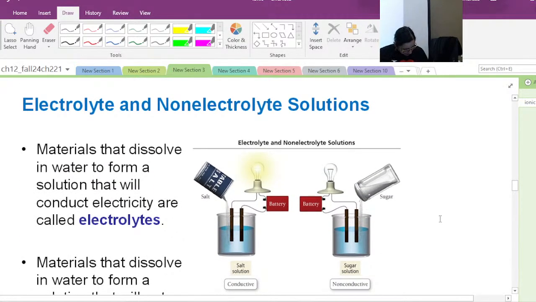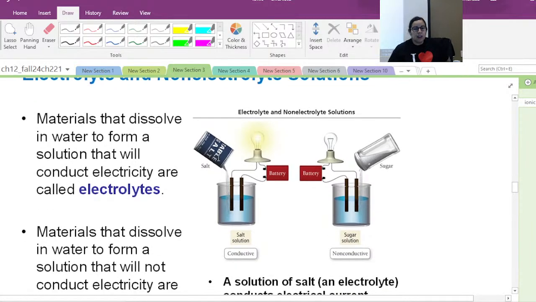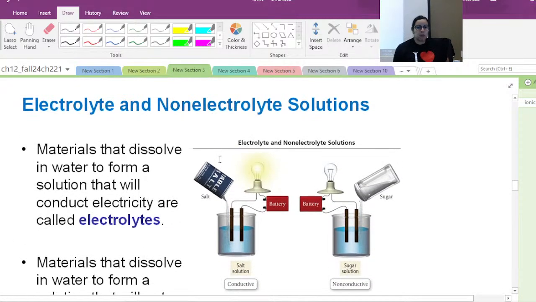And so now we're getting into why I dragged out half the chemistry lab, it feels like, to look at these electrolyte and non-electrolyte solutions. And, well, what is this defined as? Some materials that dissolve in water to form a solution that will conduct electricity are called electrolytes. And so basically this is implying that we need some ions.